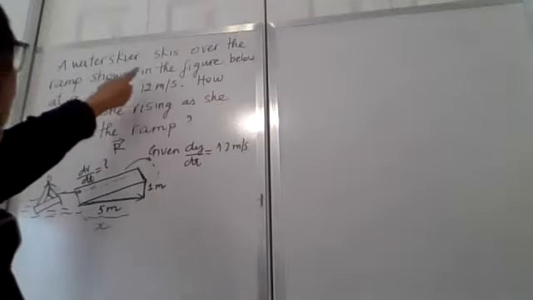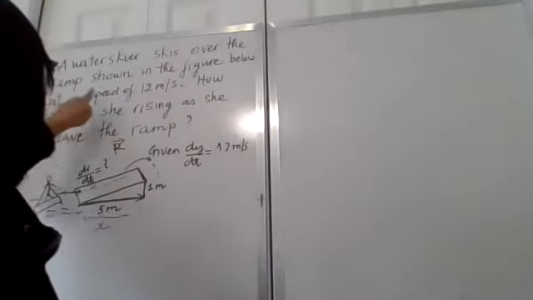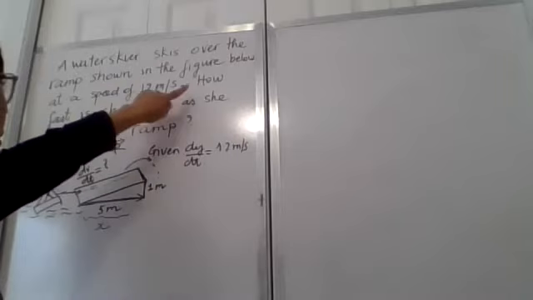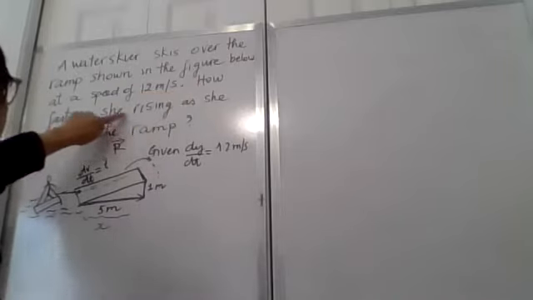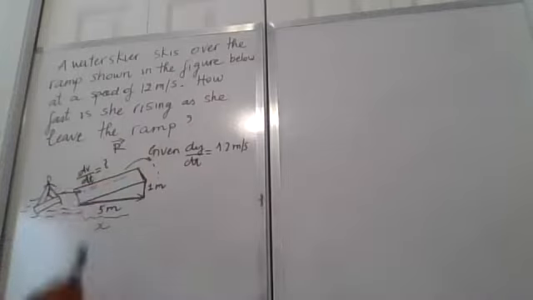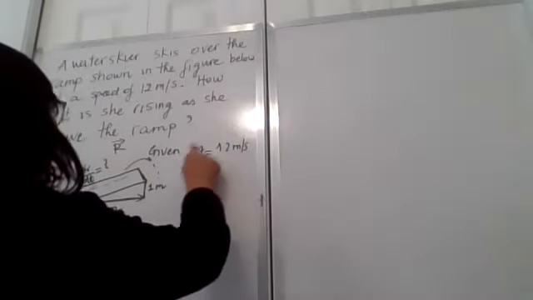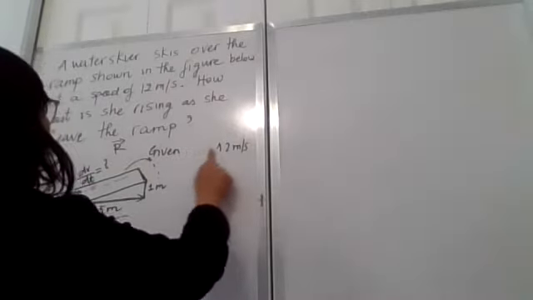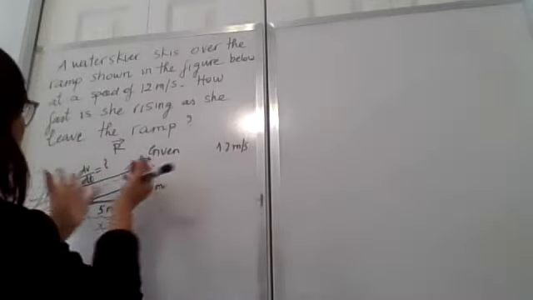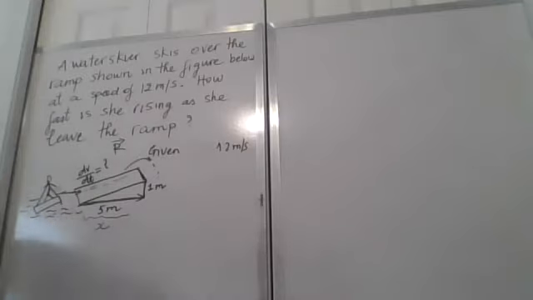A water skier skis over the ramp shown in the figure below at a speed of 12 meters per second. How fast is she rising as she leaves the ramp? So on the board, I show you the diagram describing the scenario of this word problem.